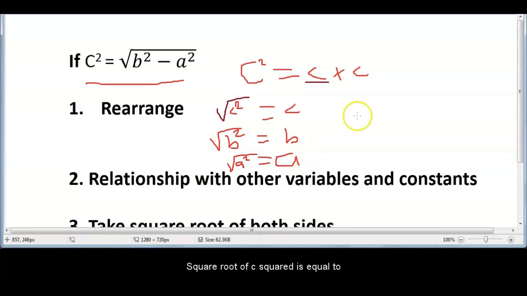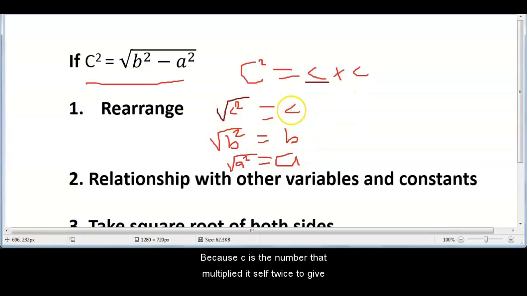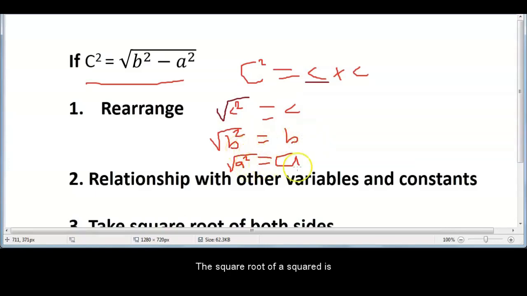Square root of c square is equal to c, because c is the number that multiplies itself twice to give c square. The square root of b square is b, because b is the variable that multiplies itself twice to form b square. The square root of a square is equal to a, because a is the variable that multiplies itself to form a square.